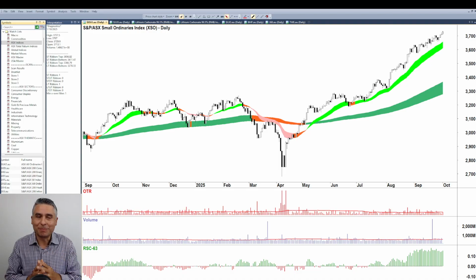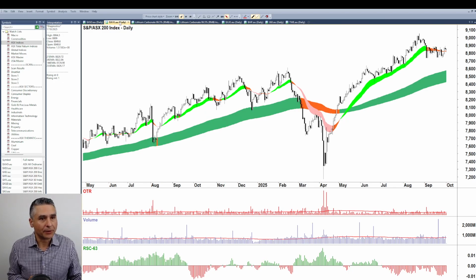And I wonder if this is a better benchmark for some of the stuff we're doing. ChartWatch followers, trend followers, maybe that's a better benchmark, because what would you be here? You'd be fully invested, wouldn't you? And yet you look at the ASX 200 and it's not. So it's telling you, the big cap stocks aren't doing a whole lot, but scratch underneath the surface, and there's plenty of movement on the Aussie market.